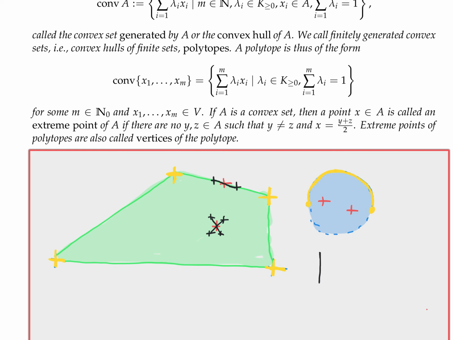I have here a line segment, and then I have here a quarter of a unit disk, and then I go on here, and let's say this goes to infinity here. So the picture is as follows.